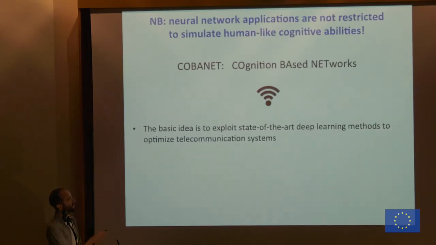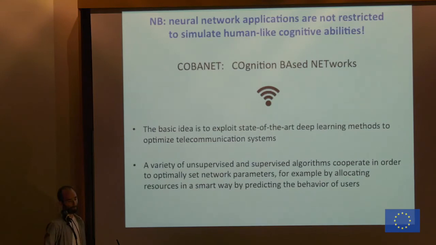So the basic idea of the Cobanet project was to use this type of deep learning methods to optimize, in general, various aspects of telecommunication systems. And this is in collaboration with the Department of Information and Electrical Engineering at Padova University. So we have been using a variety of both unsupervised and supervised algorithms.